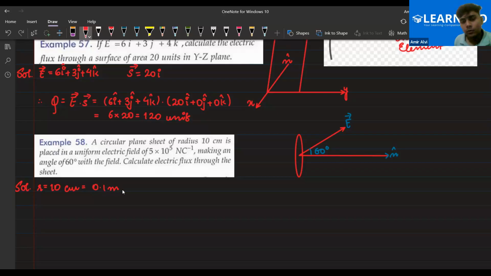Okay. So area is pi r square for a circular sheet. Is it so, yes or no? Yes, sir. Okay. Just a second. So the radius making with the field.